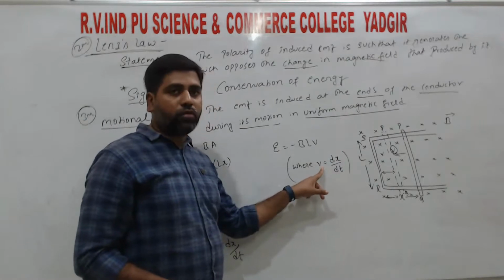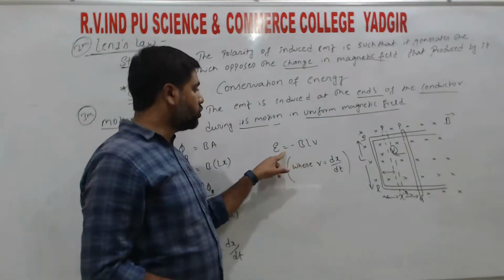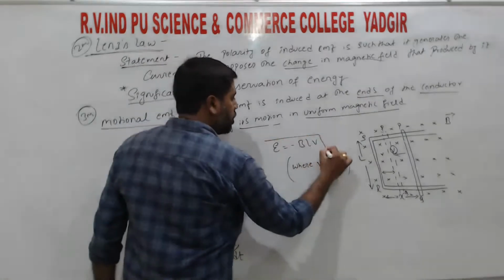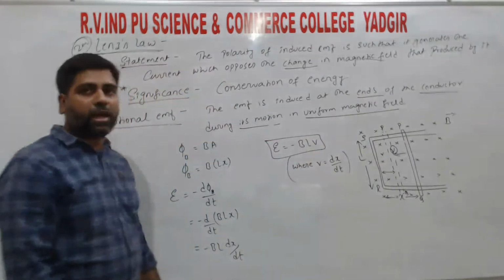So that value is called velocity, right? So E equals minus BLV. So this is called the motional EMF.